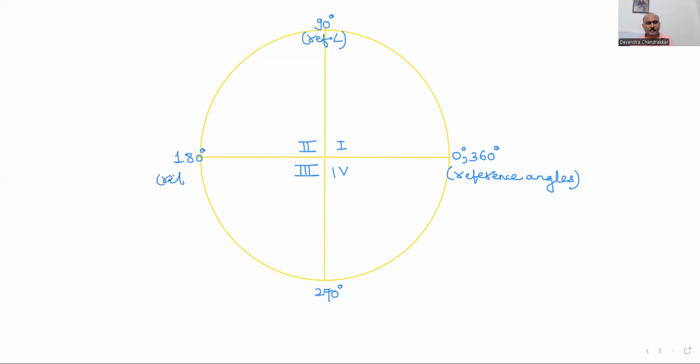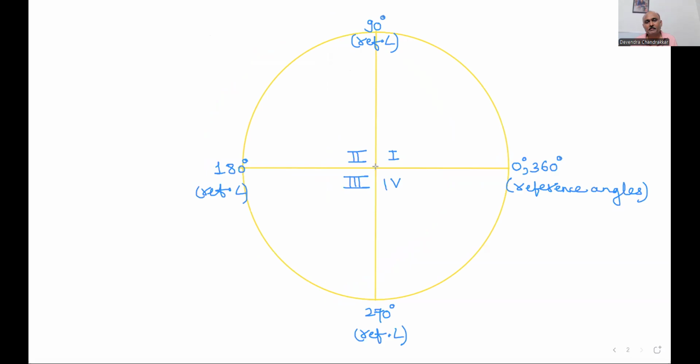This is a reference angle. And this is a reference angle. Okay. Now, apart from these reference angles, every quadrant has standard angles. Every quadrant has 3 standard angles.